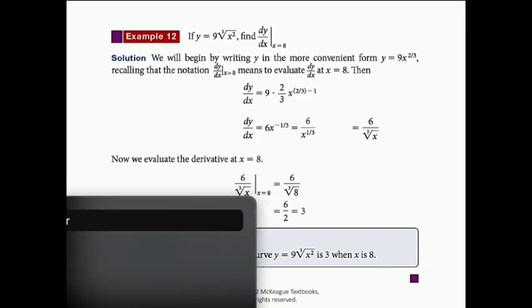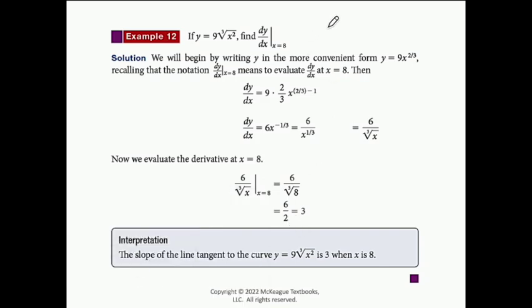So this is just another way to say f prime of 8. Before, when we would use the prime notation for derivative, and then we had a number in here, that means find the derivative and then evaluate it at x equals 8.